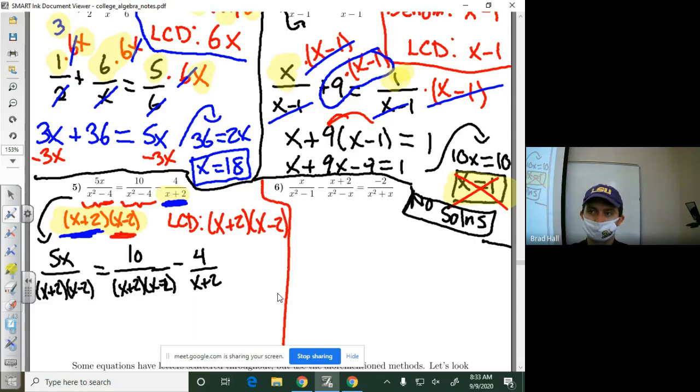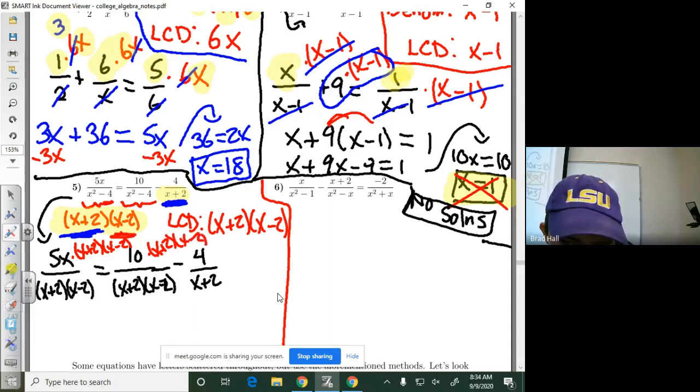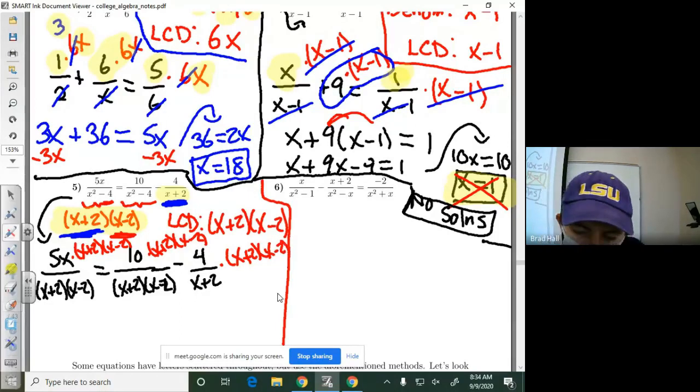And factoring is nice because when things are multiplied to each other, then cancellation becomes very nice. So now we multiply everything by the least common denominator.